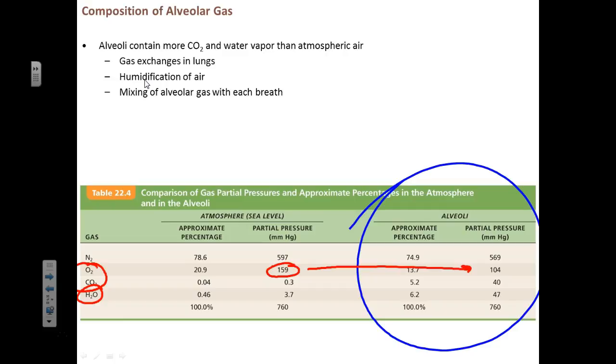So since it's slightly elevated, oxygen concentration is slightly decreased. So this gives us the partial pressures, and those two are the ones that we have to focus on, one for CO2 and one for oxygen. We're going to look at them when we discuss external respiration.